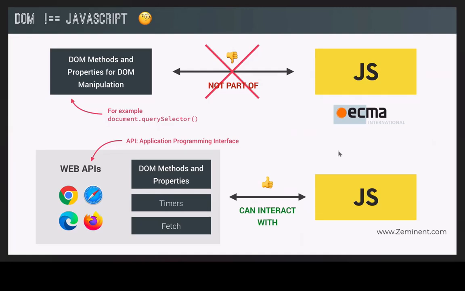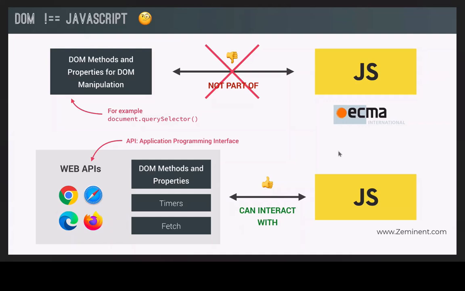So is the DOM equal to JavaScript? A common misconception people have is that the DOM is part of JavaScript, but it is not. The ECMAScript defines the JavaScript language. The browser creates the DOM and provides it as a web API.